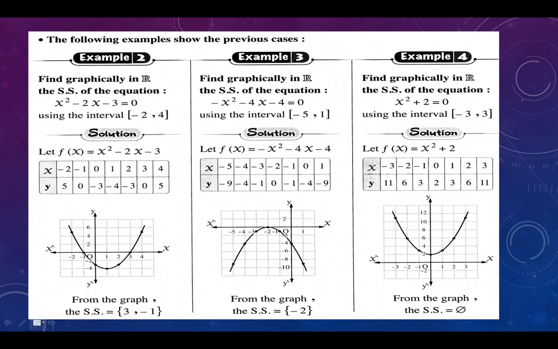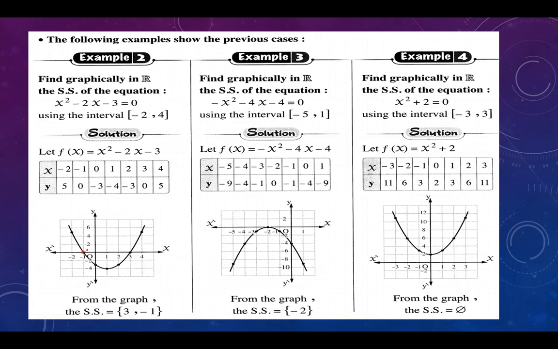Okay, if we start to graph the function, you will find that -2 and 5, you will go to -2 on the left hand side, then 5 up, so it will be this point, and -1 and 0. -1 on the x-axis will be on the left, and 0 on the x-axis.